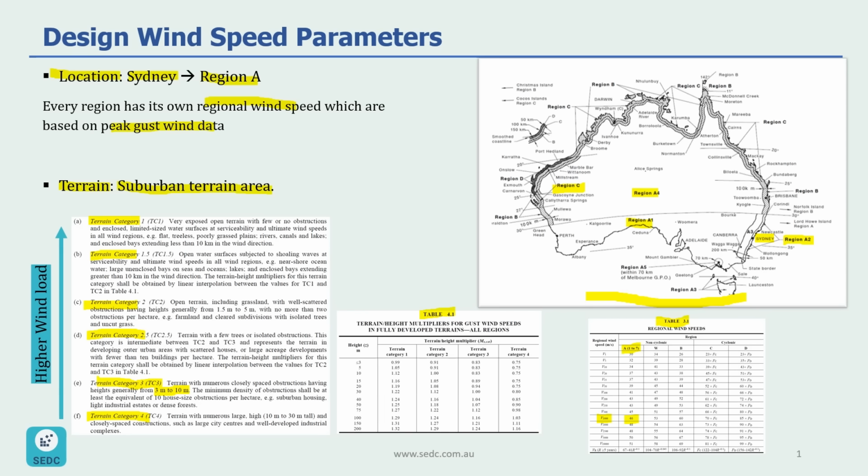So for example, if we look at our terrain category 3, and our height of the building is 50 meters, our factor would be 1.05. As you can see, the taller the building gets, the higher factor we have. Also, as I explained before, if we look at terrain category 1, we will have a higher factor than terrain category 4.